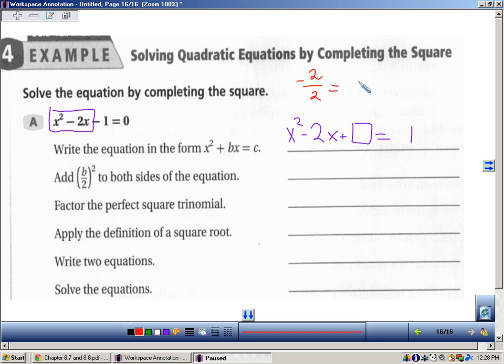A very important number here. But then I take that number, and according to the directions here, I square it. So now I take negative 1, square it, and that becomes positive 1. That positive 1 is what I add.